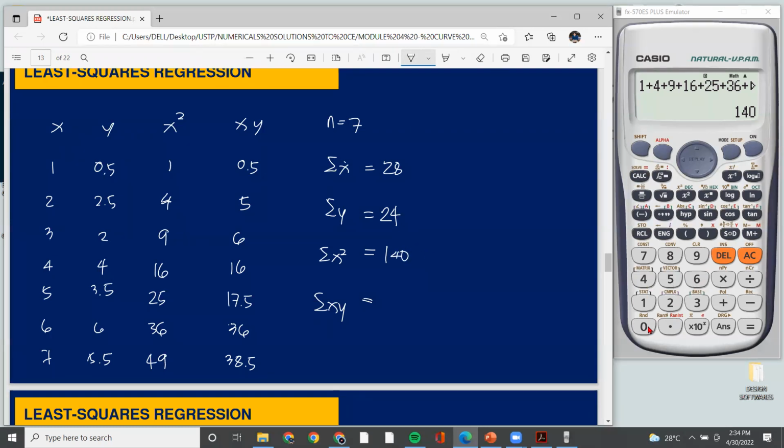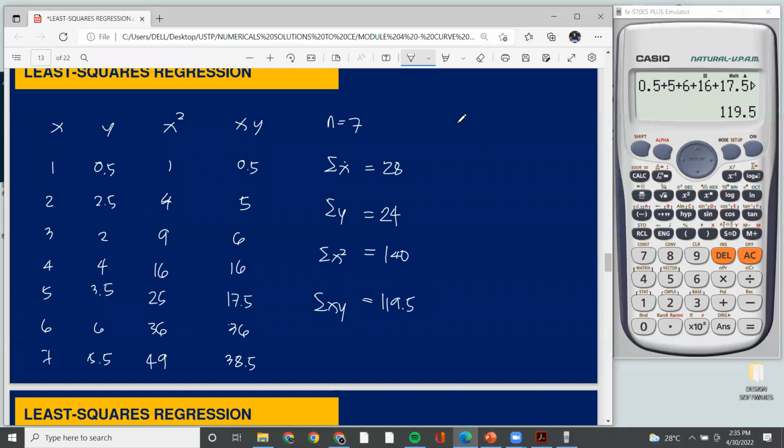Summation of x times y, we have 0.5 plus 5 plus 6 plus 16 plus 17.5 plus 36 plus 13.5, that is 119.5.